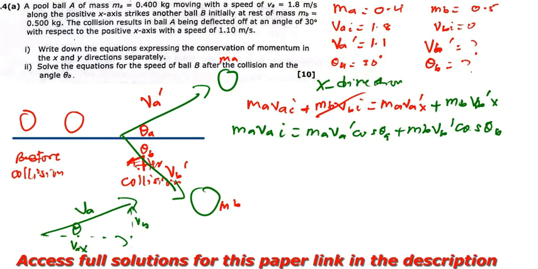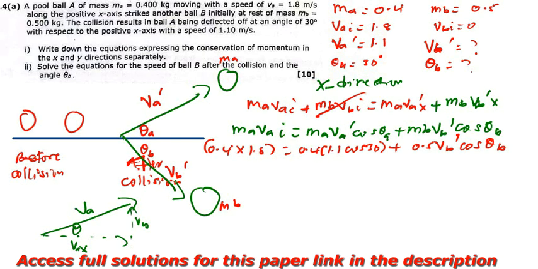So MA is 0.4 times VA initial 1.8, being equal to again 0.4 VA final, which is prime 1.1 cos 30, plus MB is 0.5, so VB prime cos theta B. If we punch 0.4 times 1.8, I'm getting 0.72.